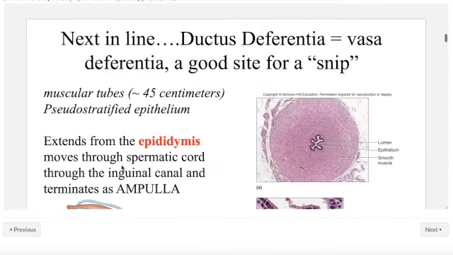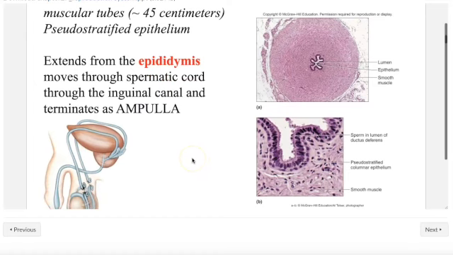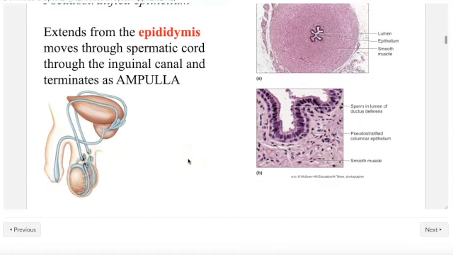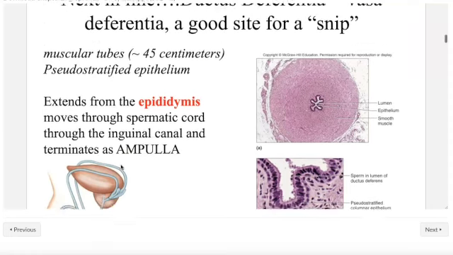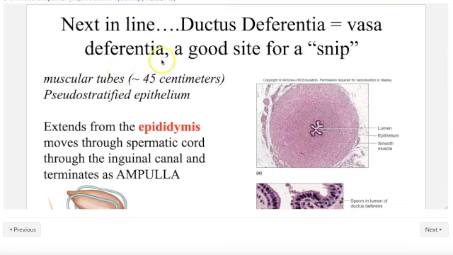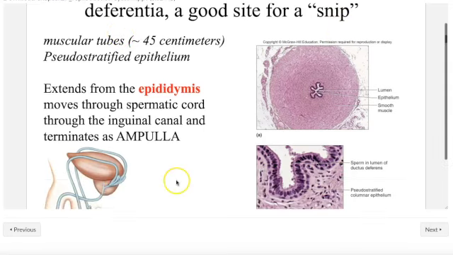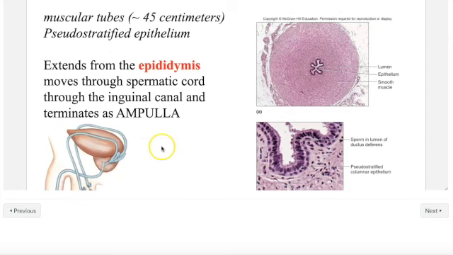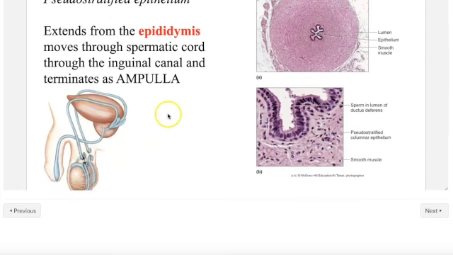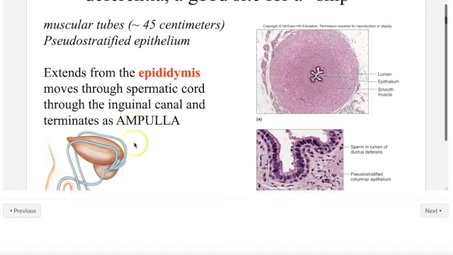Next, we have the ductus deferens. So here is the testes, epididymis, and then it goes to the ductus. That's where a lot of people get snipped so that sperm won't go through there anymore.